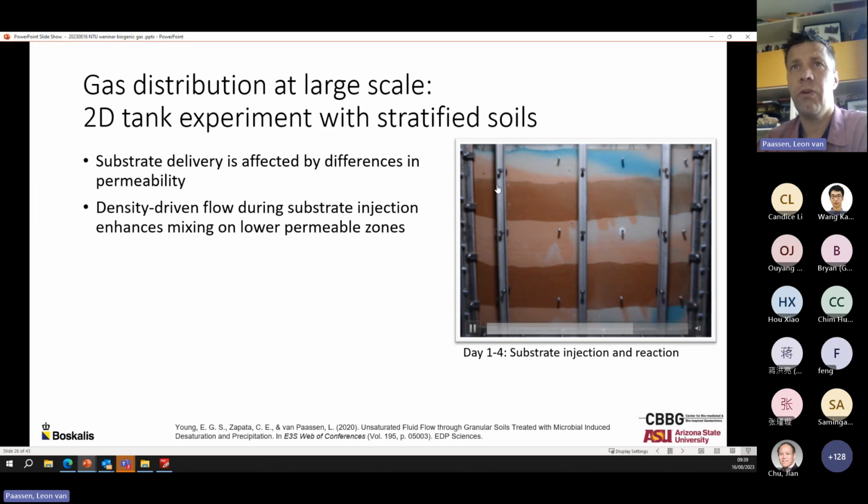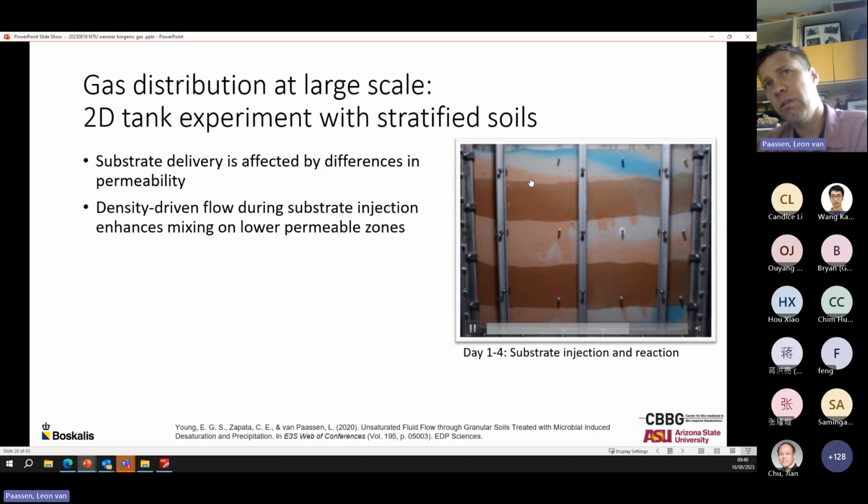So first of all, and I think the movie will repeat itself, you could see that the water flush was just filling the entire coarse grained sand layer, while the substrate flush shows an inclined front of substrates going through the tank. And we saw also a lot of flow going downward into the finer grained sand layer.